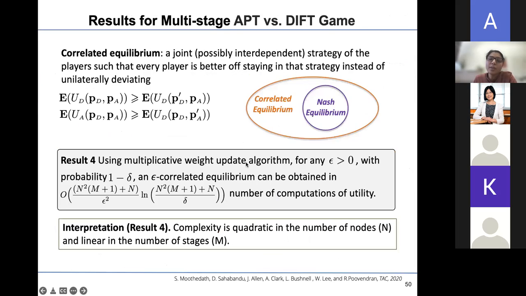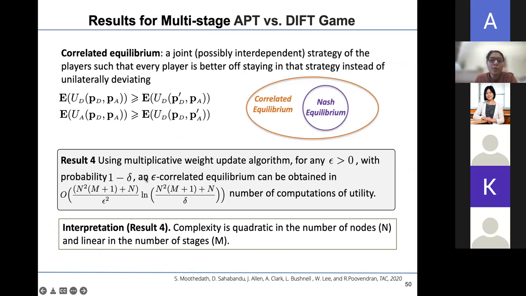All right, so here we are looking at a weaker notion, as I mentioned before, which is called correlated equilibrium. So correlated equilibrium is a bigger set and Nash equilibrium sits inside it. Here we'll be looking at a possibly interdependent strategy for the players, and the equilibrium is defined in terms of expectation using this equation here.